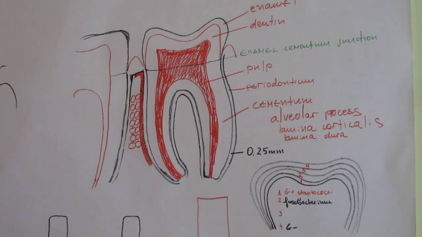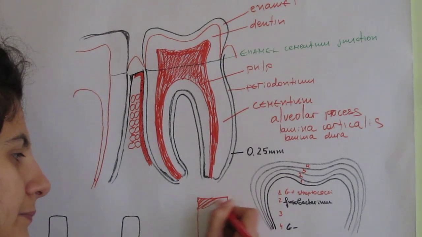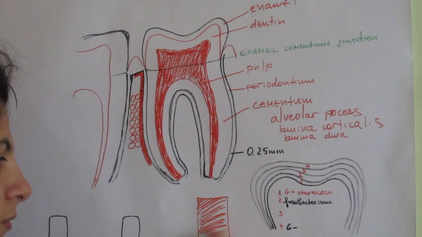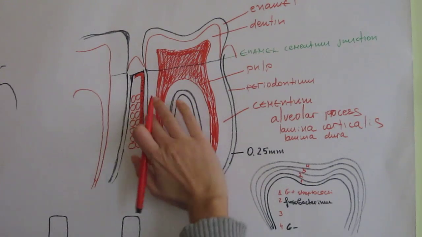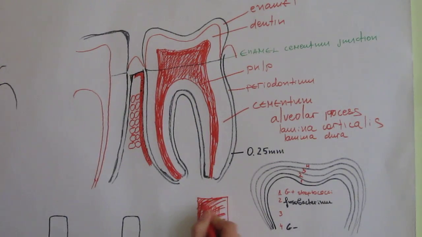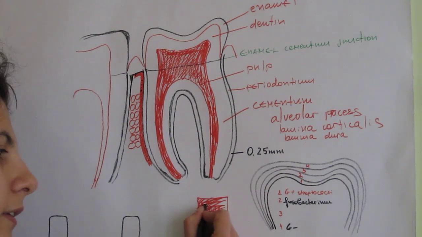So that's why when you look at it with a microscope, it looks like this. Let's say this is lamina corticalis when you see it from this side of the tooth. So this lamina corticalis has small rounded canals, as I said.